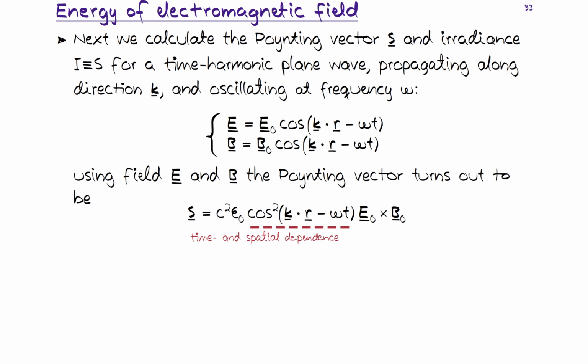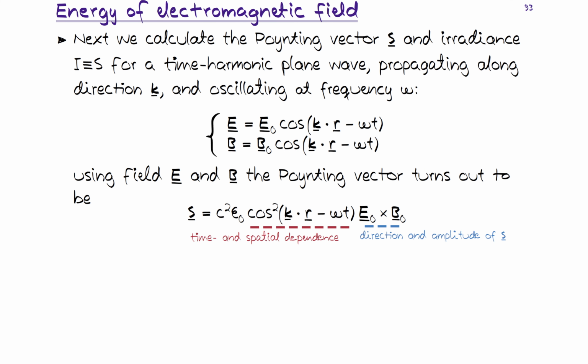Then I'm calculating the vector products of the field amplitudes. Basically I'm just placing these into the earlier equation for the Poynting vector, and now I have a cosine squared, and what's left is that I take the vector product of E naught and B naught. The cosine terms are scalars, so of course I do not need to deal with them when I'm calculating the vector product of E and B.